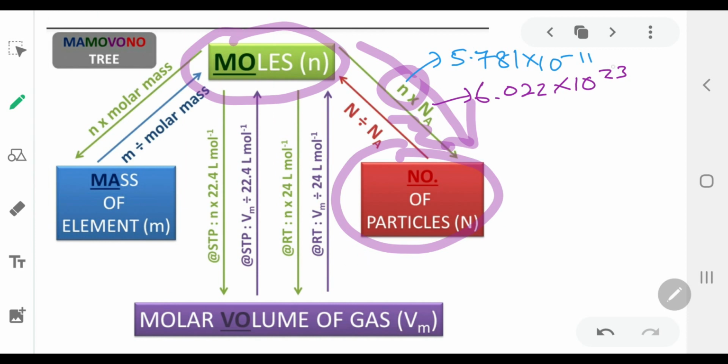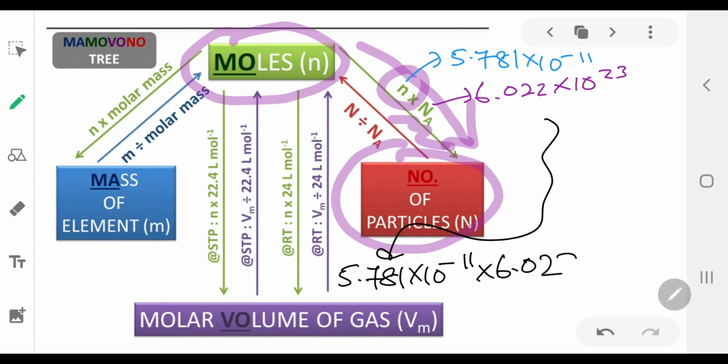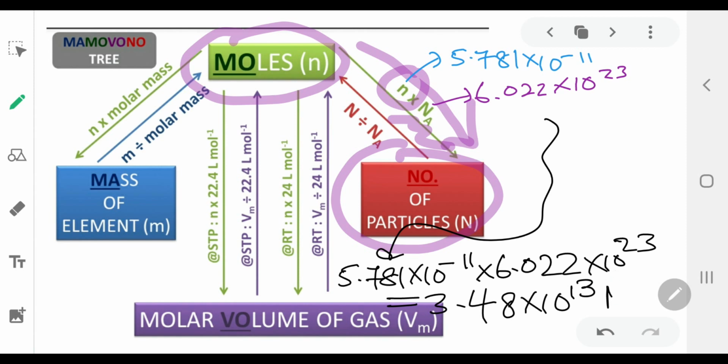You're going to get 5.781 times 10 to the power of negative 11 times 6.022 times 10 to the power of 23, and you should be getting something around 3.48 times 10 to the power of 13 N2 molecules.